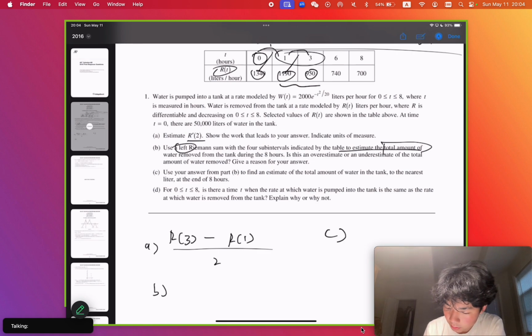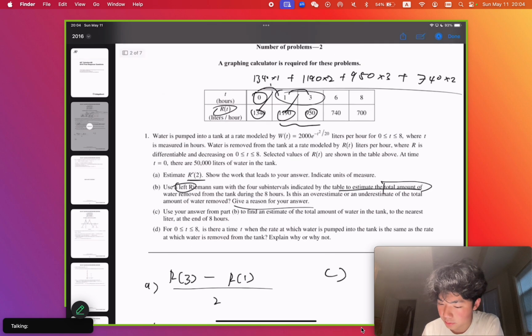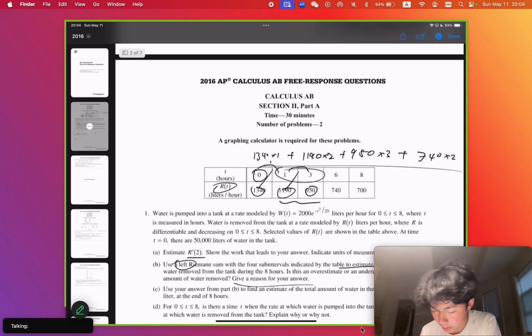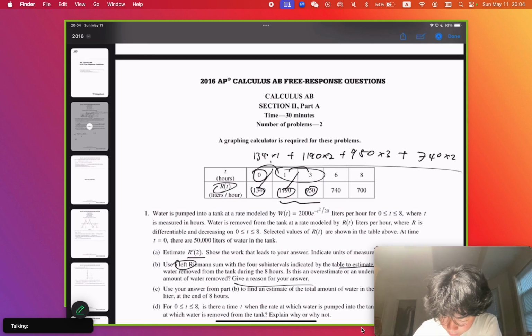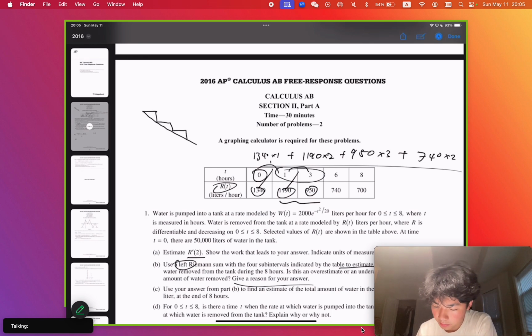However, you'll also want to give a reason for whether it is an overestimate or underestimate. So I would say this is an overestimate because this function looks like it is decreasing. Yeah, it's decreasing, and if you're estimating with the left sum, you always get an overestimate.